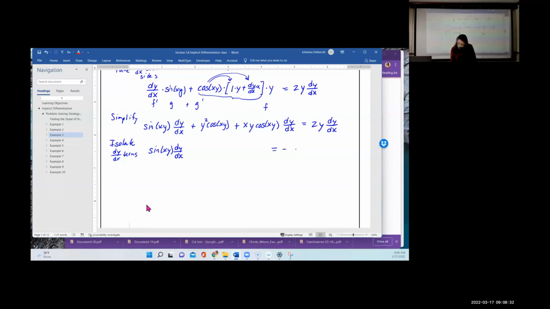So we're going to have a negative y squared cosine of xy on the right side. The third term does have dy dx, so it stays put. So we get plus xy cosine of xy times dy dx. And the fourth term, which was on the right-hand side, also has dy dx, so it needs to move to the left by subtracting it. So finally, we have minus 2y dy dx.